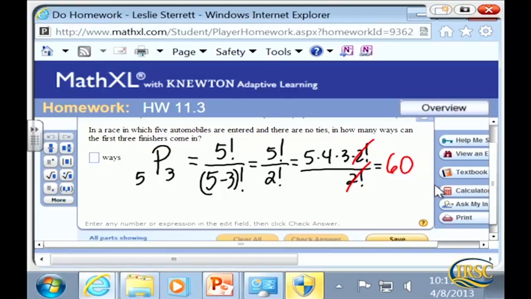You'll always end up with a whole number because you can't have 60 and a half ways for something to happen. It should be positive. Now, the difference was in the last problem, we had a negative answer, but it's because we weren't just trying to find out the number of ways something can happen. It was a whole arithmetic problem where we had to substitute numbers and things were being subtracted and so on.